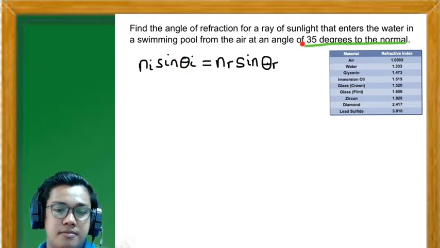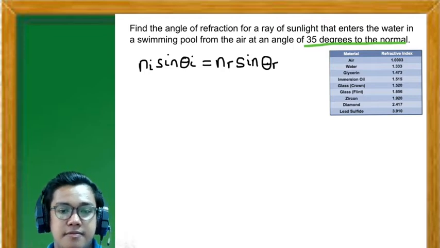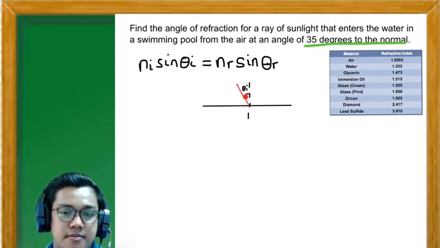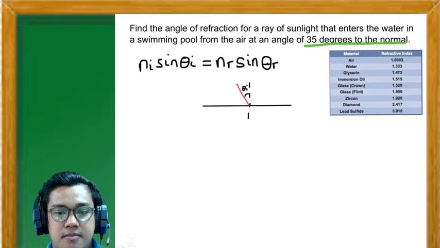That's this 35 degrees as the light is traveling into the pool from the air. That's this angle right here. And then we also know the index of refraction. There's the first medium, which is air. And here's a little table that's going to tell us these different indexes. So here's air, just slightly slower than a vacuum. And then the other index here will be water, which is 1.33.